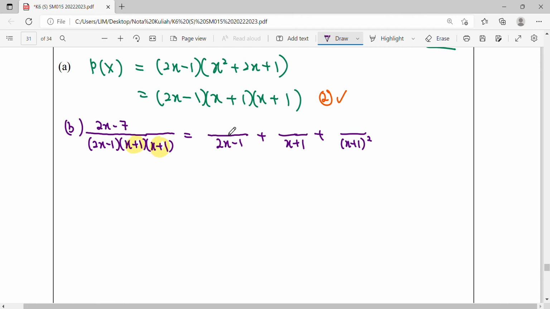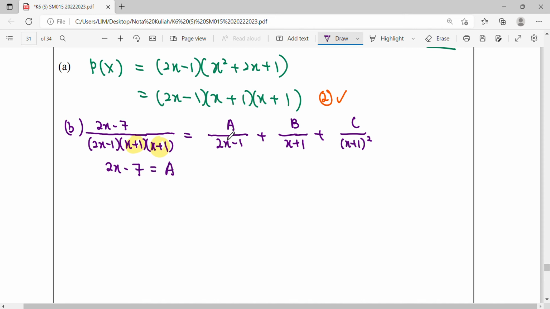Then we have to identify what our numerators are. A linear factor is supposed to have a constant on top. This one is also considered a linear factor. The square is just for understanding the repetition. You can see inside the bracket it is still linear, so on top it is supposed to be a constant. Then we form the equation.